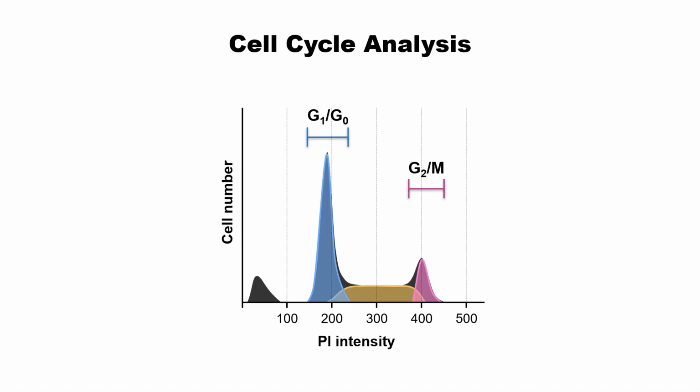The intermediate state is S phase, where the DNA content is increasing up to 400. If the cells go into the apoptotic state, a sub-G1 population can be observed. If the cells are actively growing and healthy, usually we don't see them.